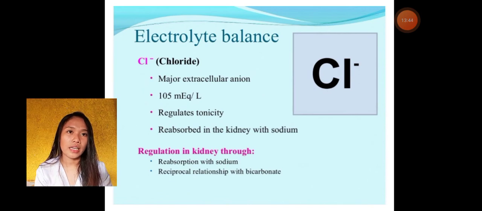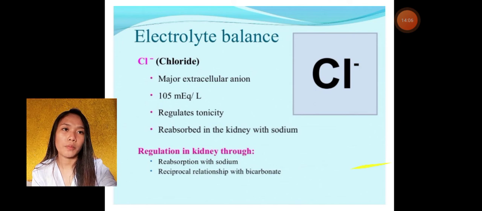Electrolyte balance in chloride, or Cl: the major extracellular anion, 150 milliequivalents per liter. It regulates tonicity and is reabsorbed in the kidney with sodium, with a reciprocal relationship with bicarbonate.